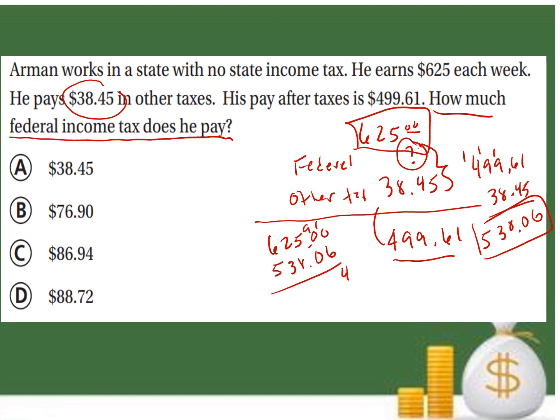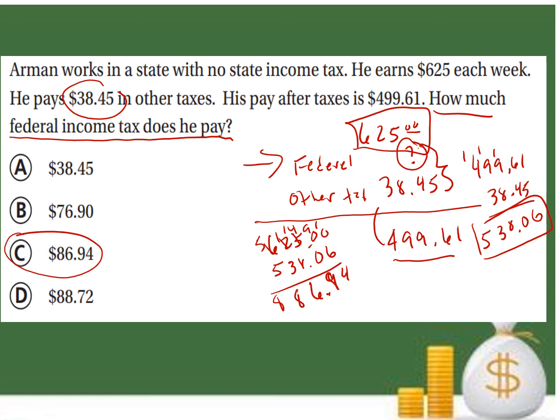I get 94 cents. So $86.94 is how much he pays in federal income tax.